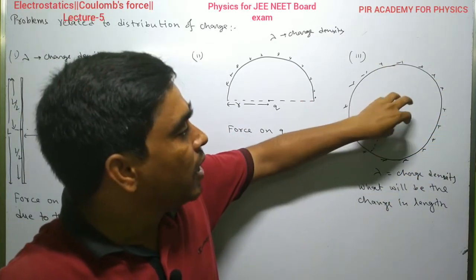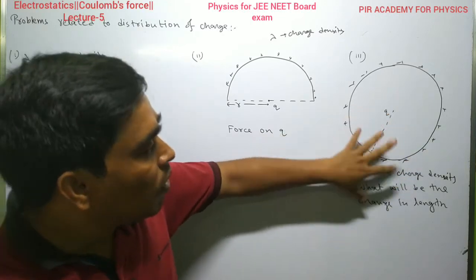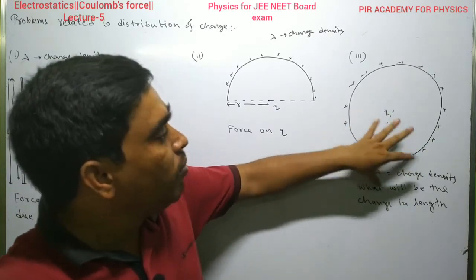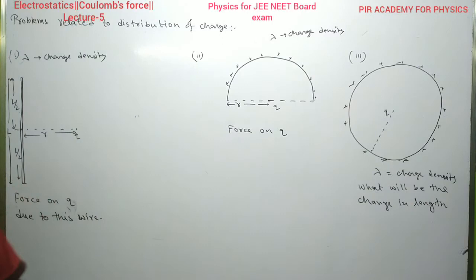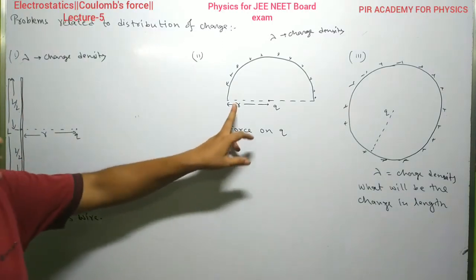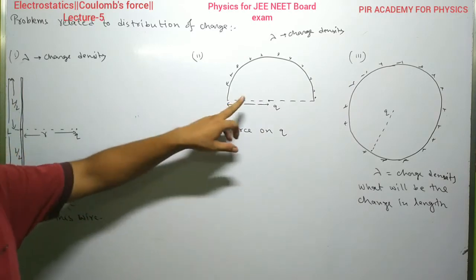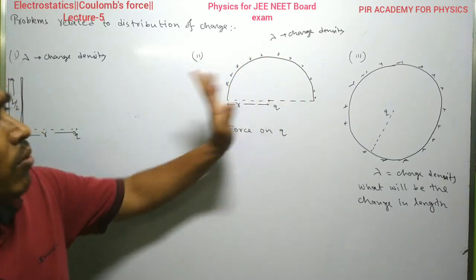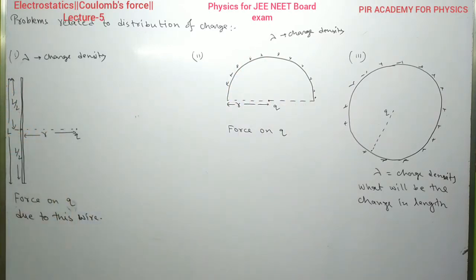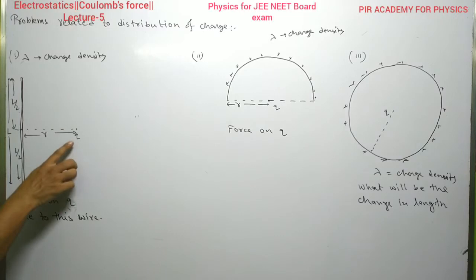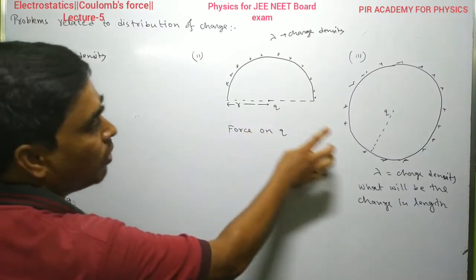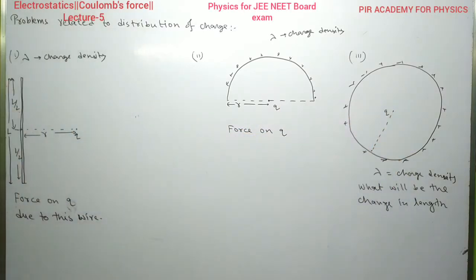Because this is a repulsive force, you have to find out the change in radius. Here I will discuss all possible combinations, the force on Q due to the semicircular loop, and the change of radius of this configuration.